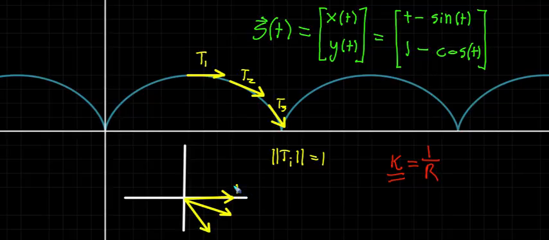So this would be T1, that guy is T2, and these are the same vectors. I'm just drawing them all rooted at the same spot, so it's easier to see how they turn. And you want to say, okay, how much do you change as you go from T1 to T2? Is that a large angle change? And as you go from T2 to T3, is that a large change as well?